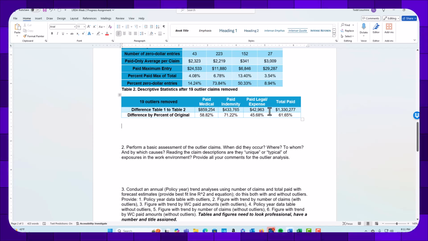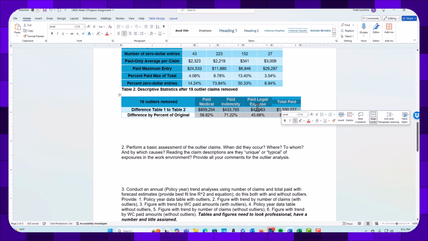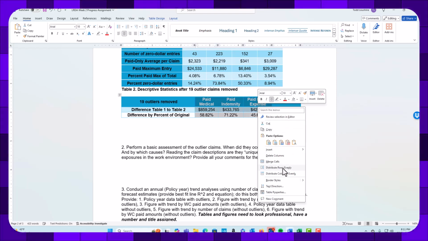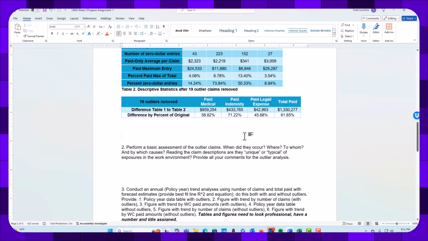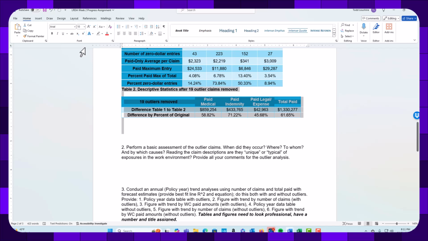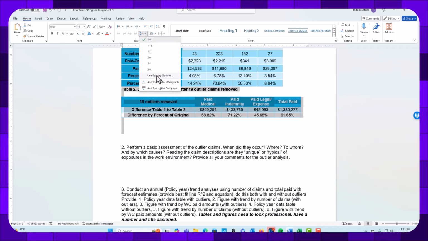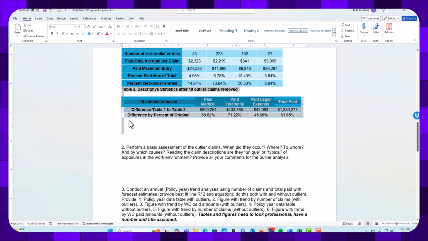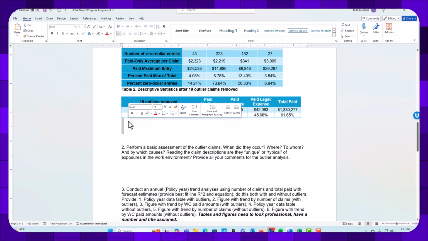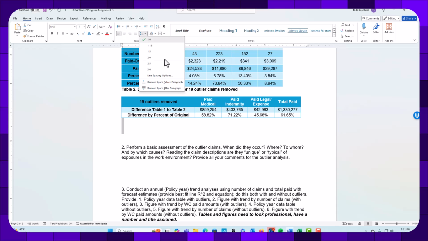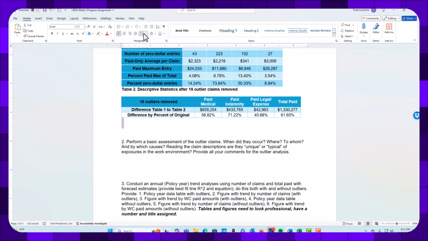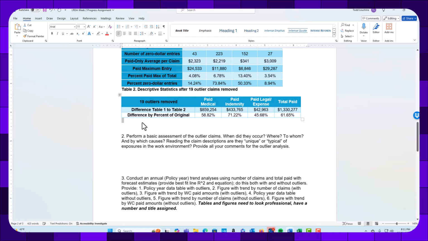Can I equal all these out? If I highlight these and right click, distribute columns evenly. I can roll with that. That's better. I've still got these weird spaces. Remove. Oh, there isn't any. I don't know why that is then. Oh, this is getting frustrating. I hope you guys don't have these same troubles.